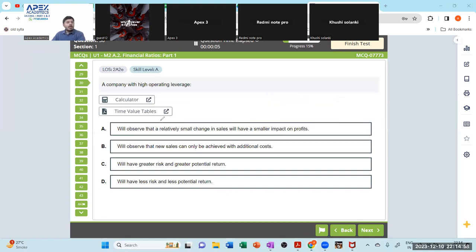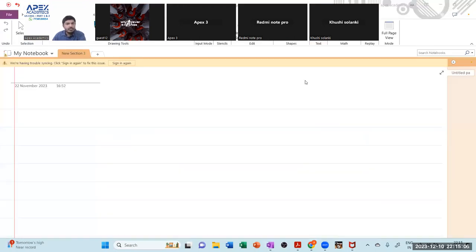Now, a company with a high operating leverage will do what? Okay. Now, let us analyze each one of these carefully. First of all, understand that the company has a high operating leverage. Please understand that operating leverage is a measure of what risk?